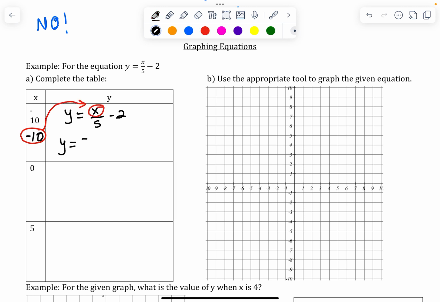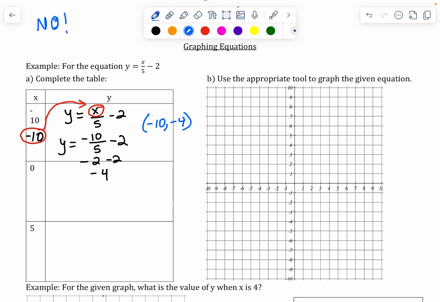So we get y equals negative 10 over 5 minus 2, which simplifies to negative 2 minus 2, which is negative 4. So now we have found the point. X was negative 10, and we got y is negative 4. So that's our first point.